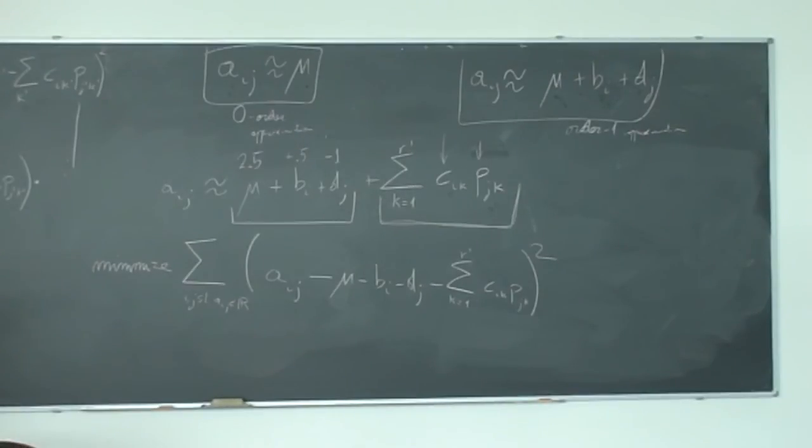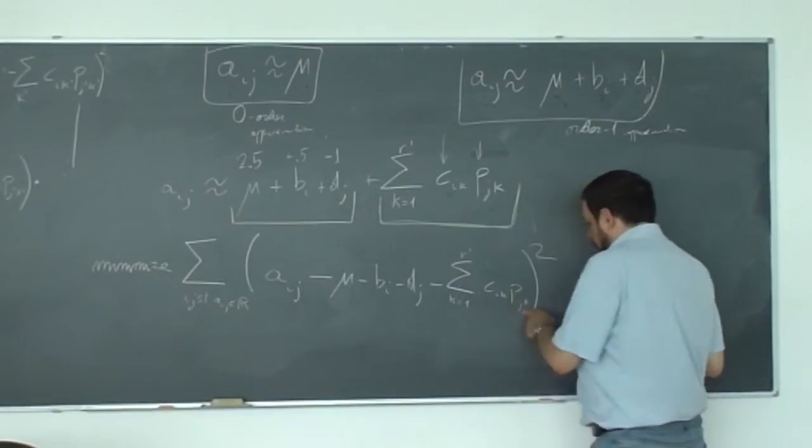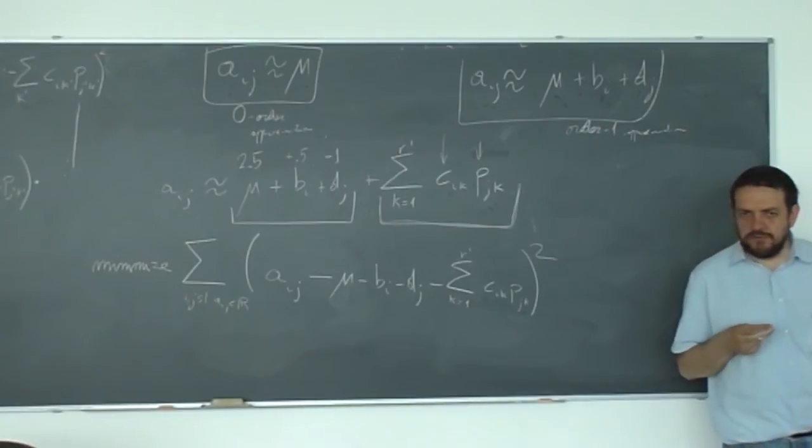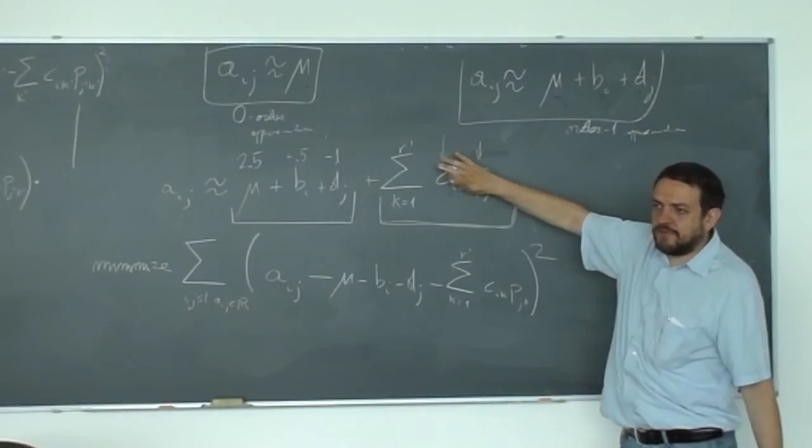We should actually add another term, for reasons that I cannot explain in 5 minutes. The idea is that we don't want the values of C and P to grow too much. This term should account for a small correction.